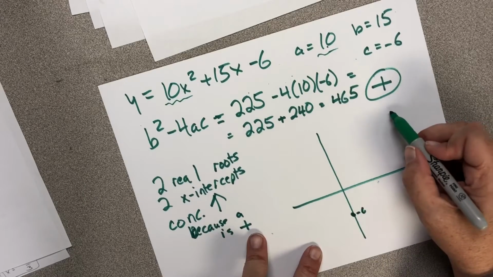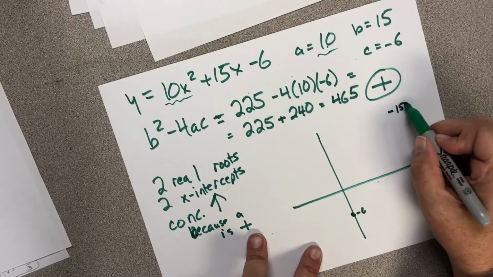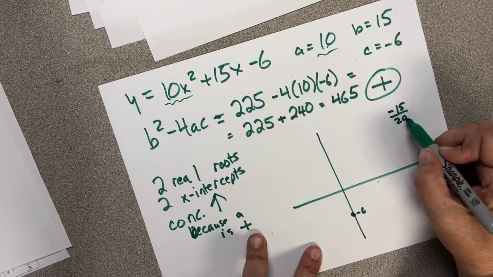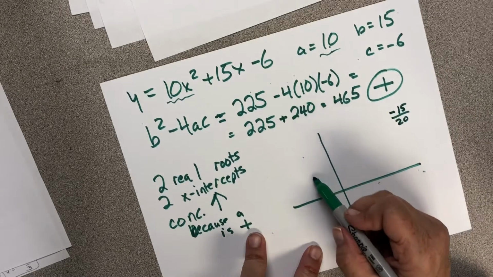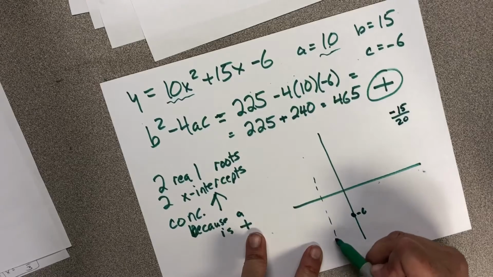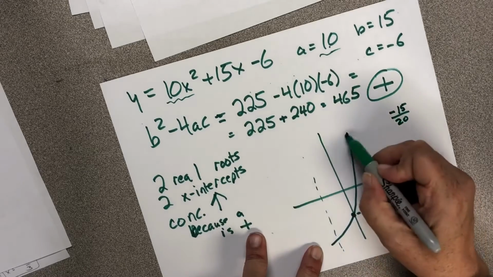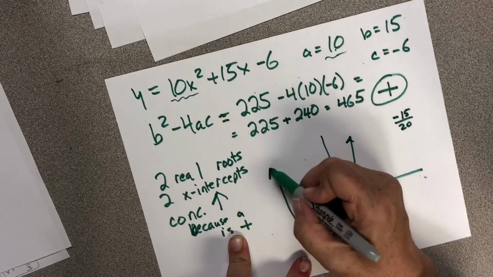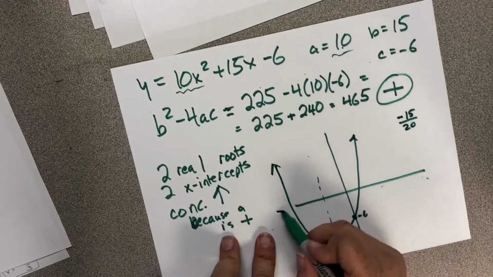Your line of symmetry would be -15, that's negative b over 2a, which is over positive 20. So you would have a negative line of symmetry, so it would be over here somewhere. And you could draw it from there. Here's my concave up with 2 real roots.